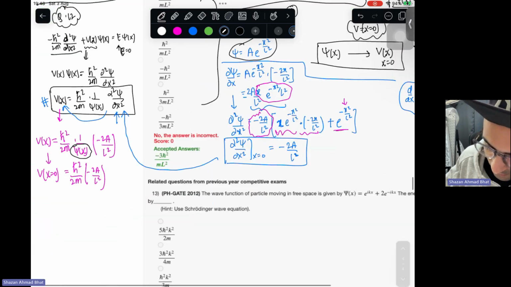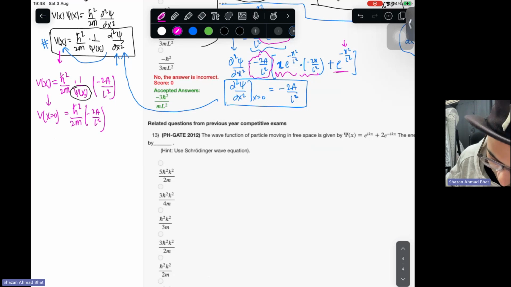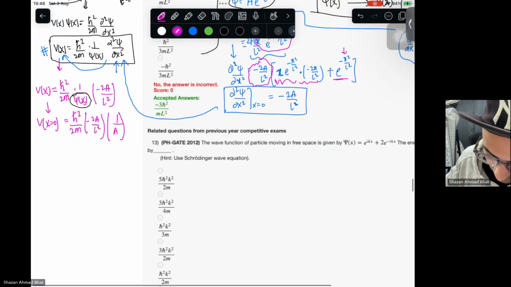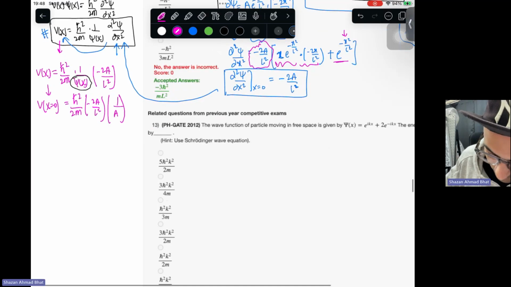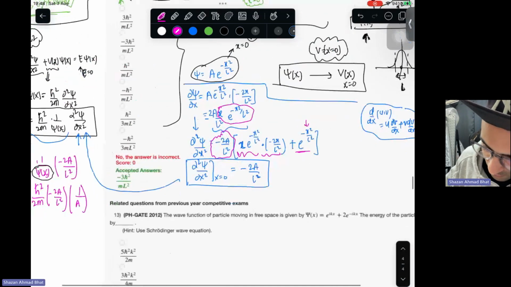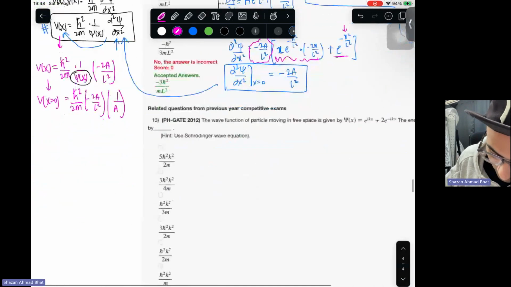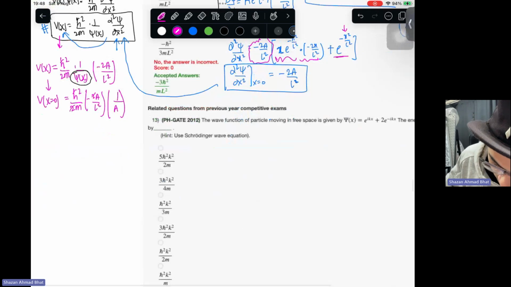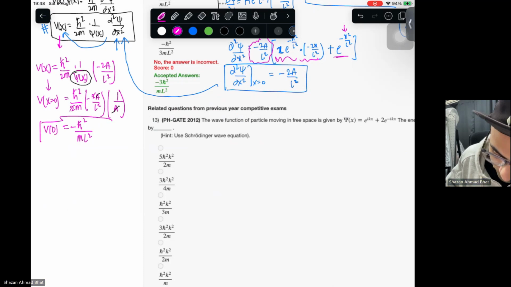So you get 1/a here. Done. All right, e to the power 0 is 1, you get this a. So 2 and 2 go, a and a go. You are left with −ħ²/(mL²), which is V(0).